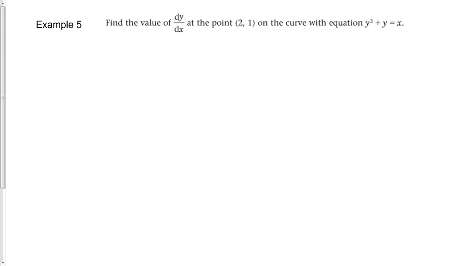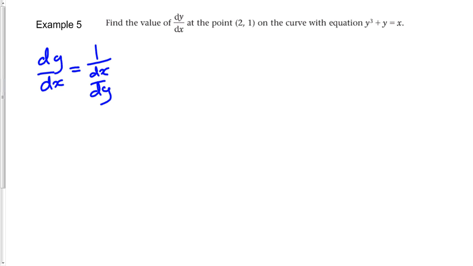Right, the final one, this is a little bit different. We've got find the value of dy by dx at the point 2, 1 on the curve with equation y cubed plus y equals x. Now, dy by dx is exactly the same as 1 divided by dx by dy.